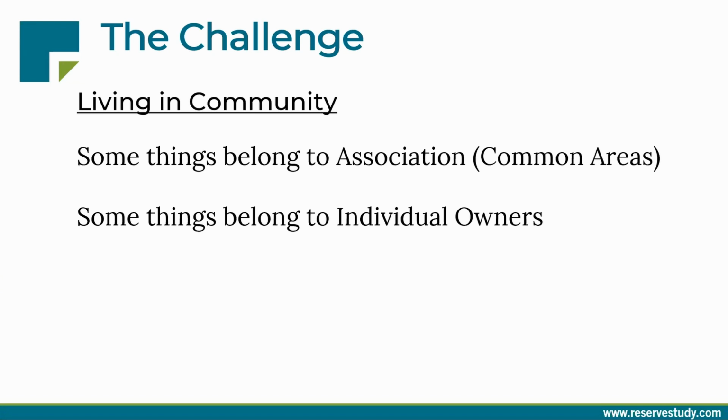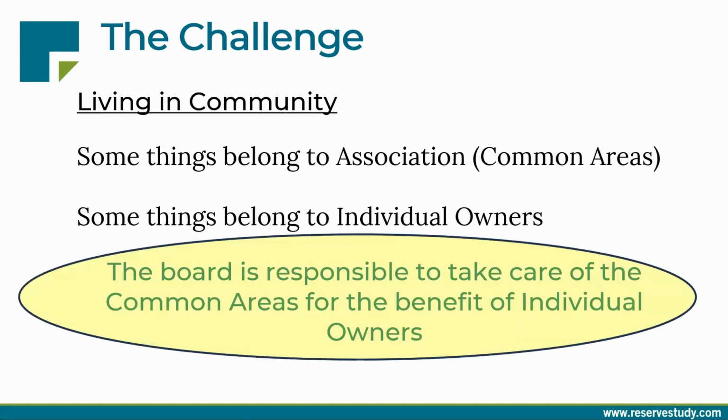And some things belong to individual owners. And so there's that interesting combination and mixture of who is doing what, and the challenges involved with those interfaces. But it boils down to that the board is responsible to take care of the common areas for the benefit of individual owners.